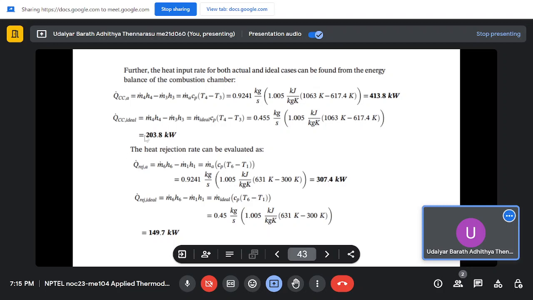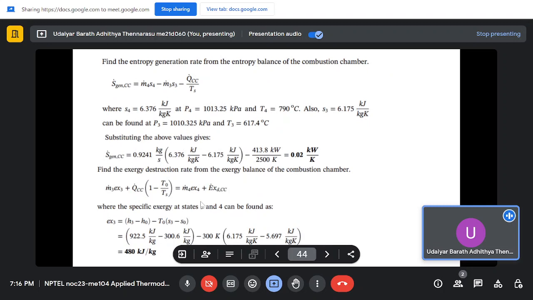The next was to find out the heat rejected. So Q rejected is m dot a (H6 minus H1), which is m dot a Cp (T6 minus T1), which will come out to be 307.4 kilowatt for the actual case. For an ideal case, it will be 149.7 kilowatt.